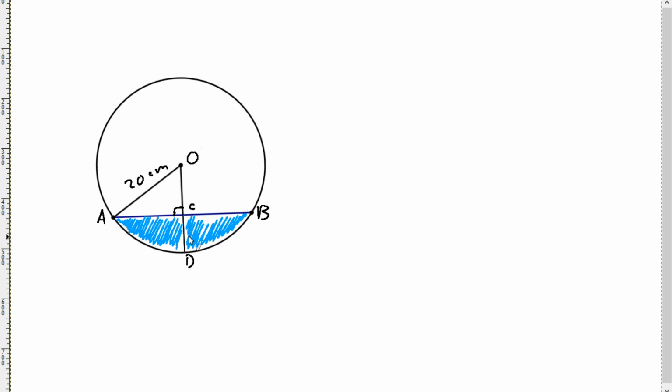So if we take the difference between our radius and we get rid of OC, then we'll be left with CD. So we can write that out, CD equals OD minus OC. And we know OD is 20.